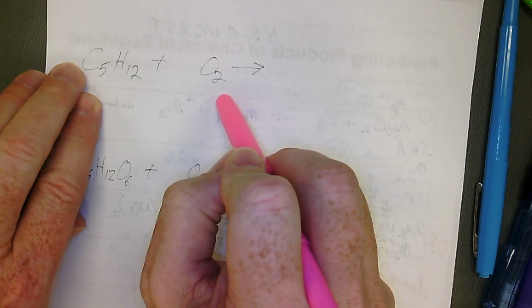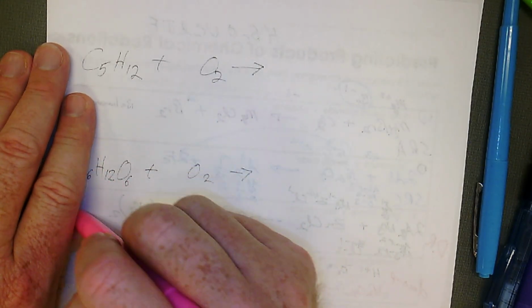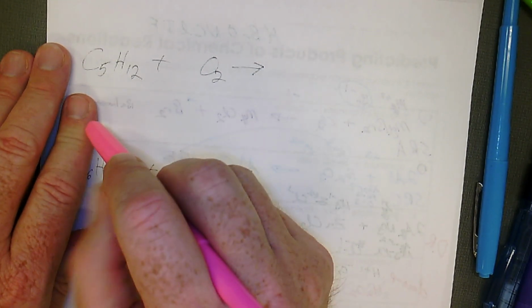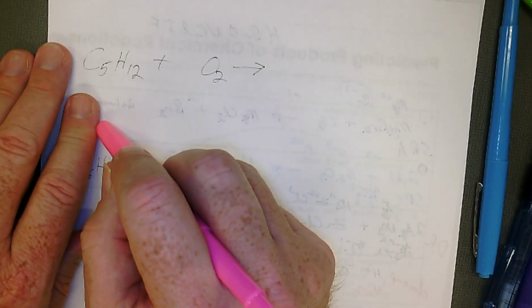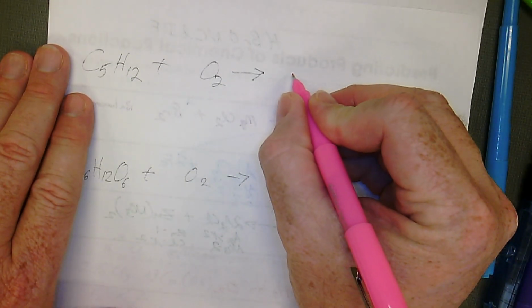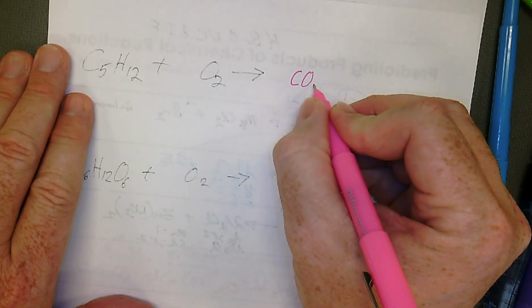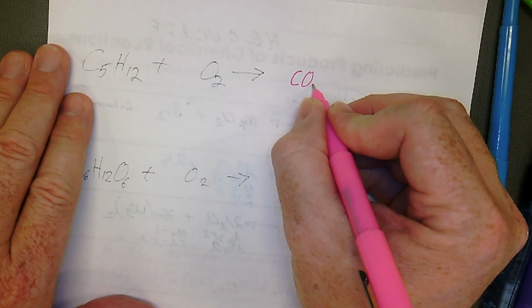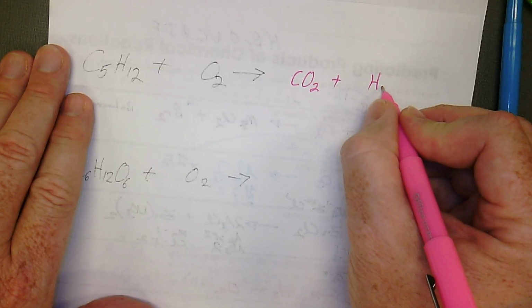For some reason on the test, these are the ones that if people get everything right but only miss 1 or 2, they'll miss this one because they thought it was a single replacement. It kind of looks like a single replacement, but it's not. It's a combustion. What are always going to be the products for combustion for us? CO2 plus H2O.